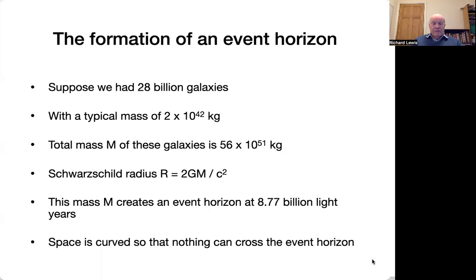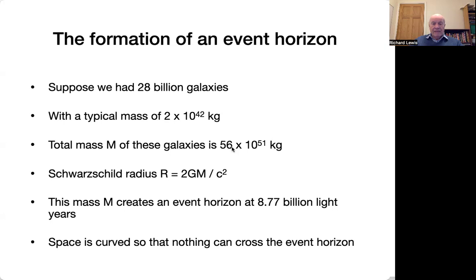Now, we know from the Einstein equations of general relativity that there is a Schwarzschild solution, which means that if you have sufficient mass within a radius r, then an event horizon will form.